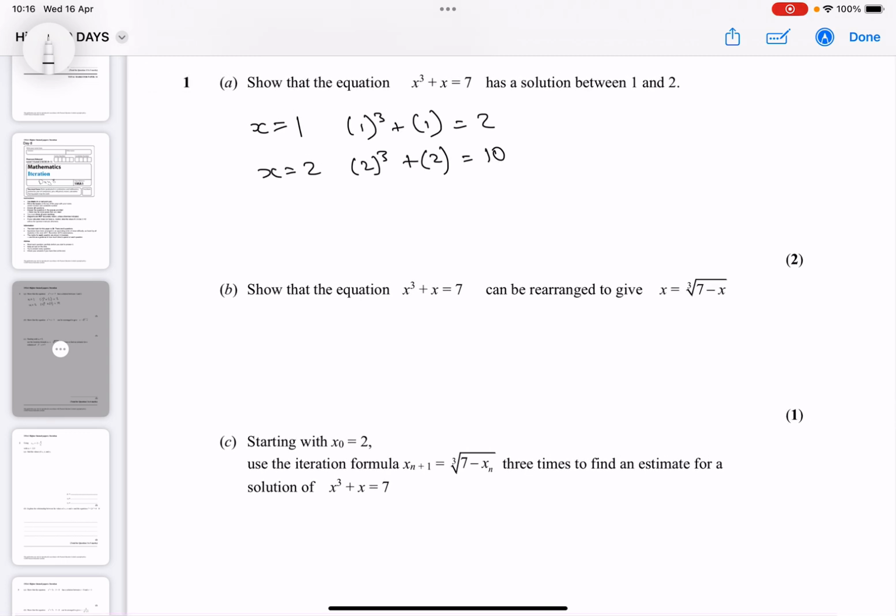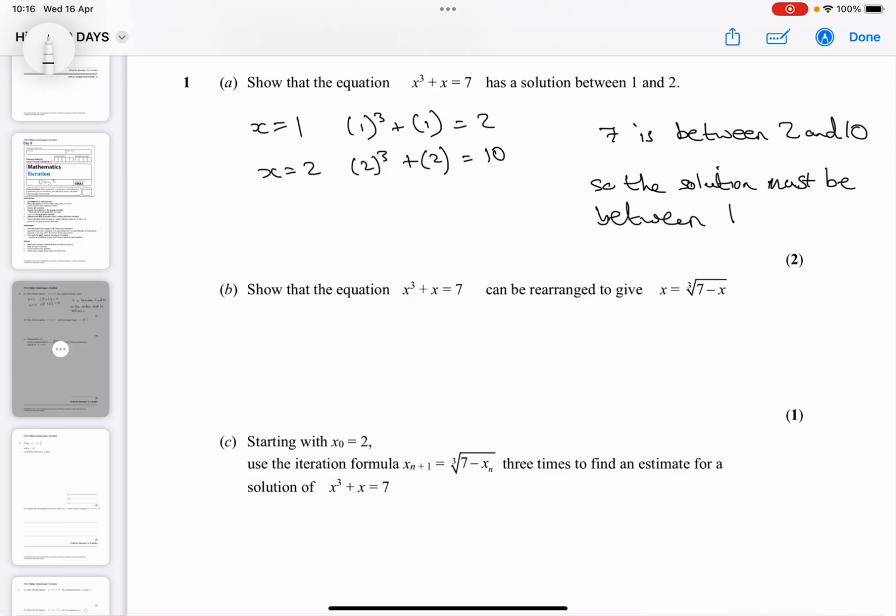What I can see is that 7 is between 2 and 10. So the solution must be between 1 and 2.